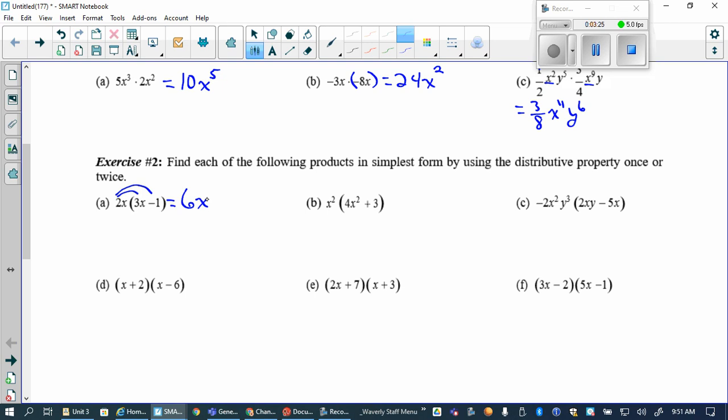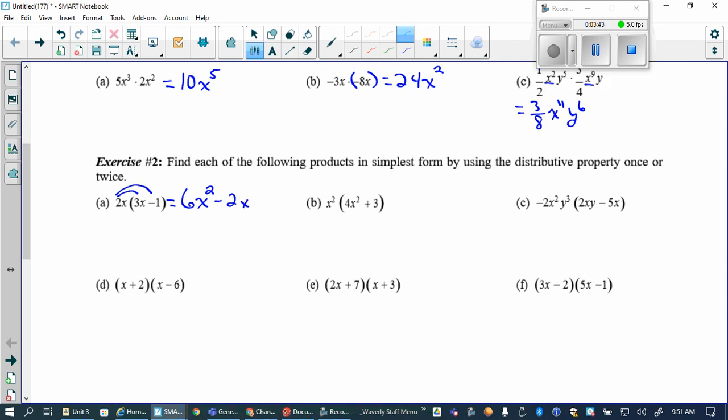It's not 6x. X times x, guys. 6x squared. And then 2x times negative 1. Minus 2x. Okay?